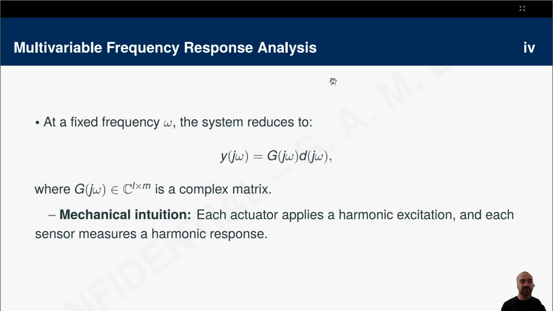At a fixed frequency, the system reduces to Y(jω) equals G(jω) D(jω). I have essentially only substituted jω for s. That's all I've done. The input is a sinusoidal input, and G(jω) is a complex matrix, because we are talking about MIMO systems.